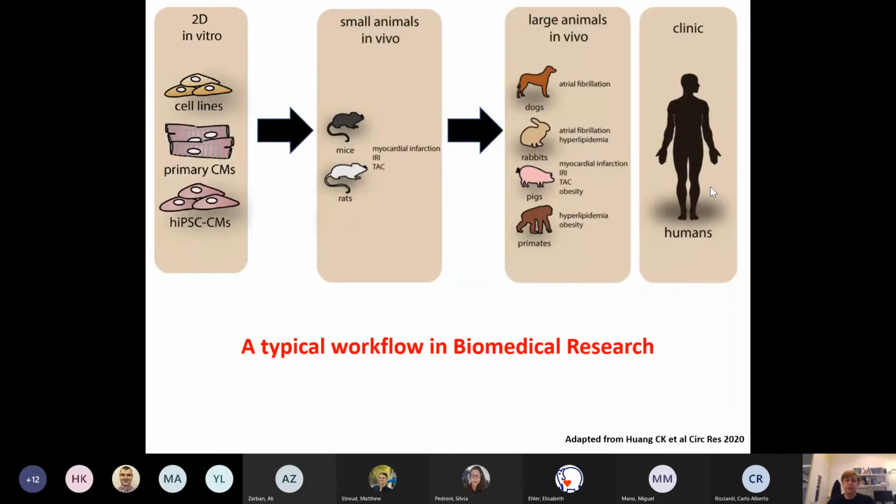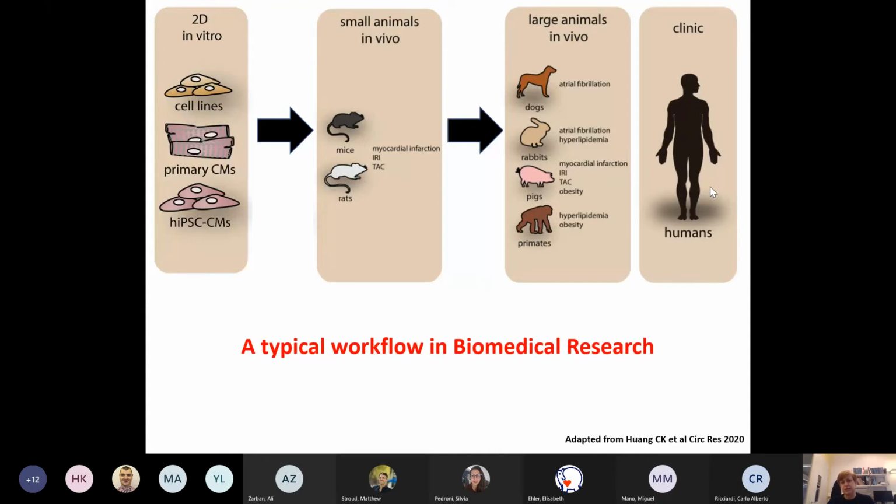Now, a typical workflow in biomedical research would include studies in cells, so 2D in vitro studies. Then promising targets would be carried over to preclinical small animal models like mice and rats. These models can be either injury models of disease or genetic models.